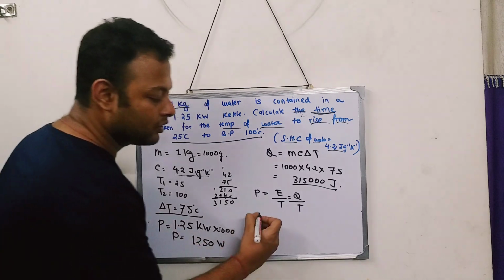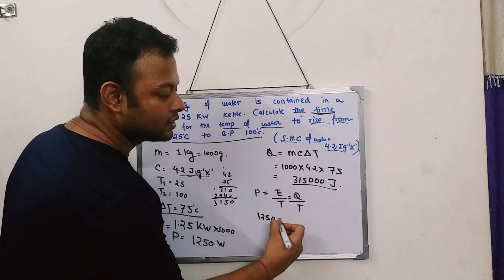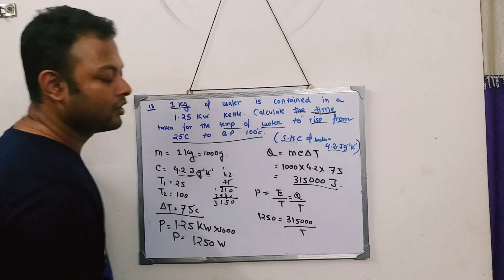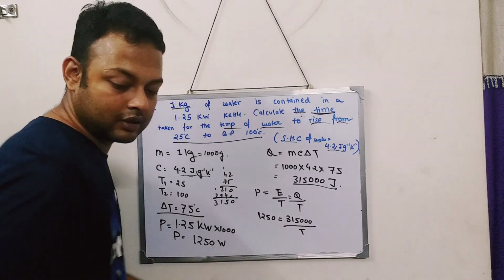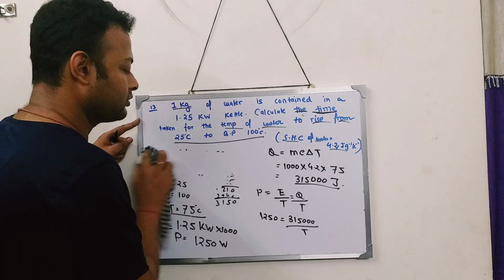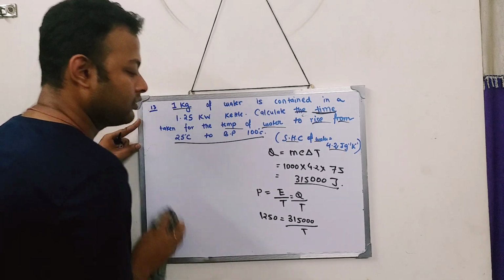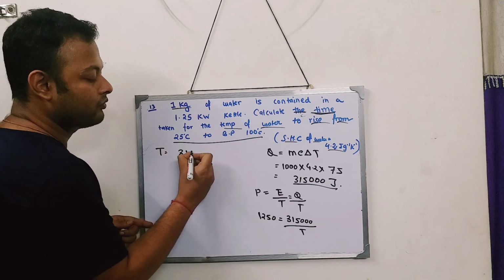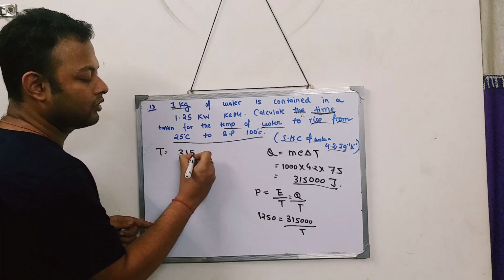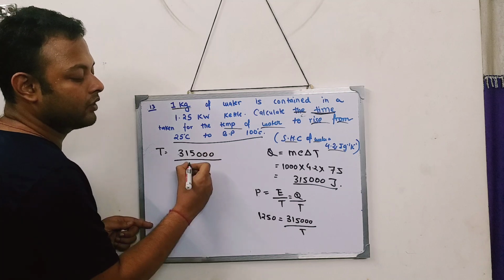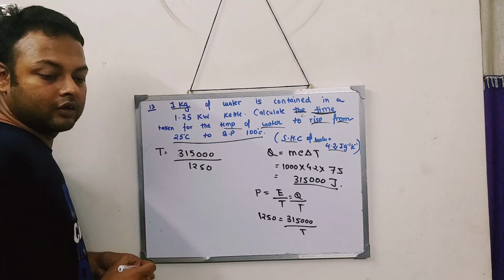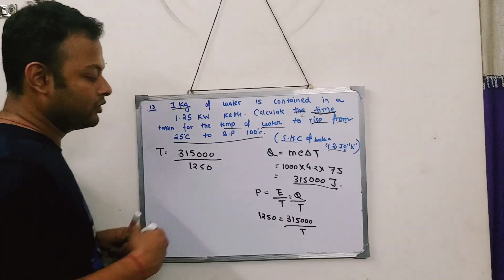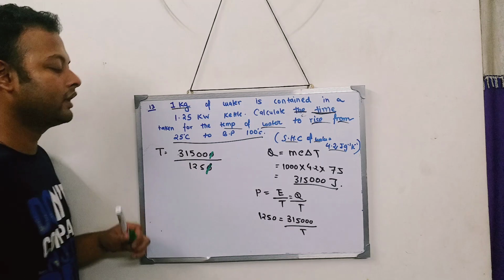So 1250 is equal to 315000 by T. And after this, I have to rearrange this. So time is equal to 315000 divided by 1250. Now it's up to you how to cancel it. If you know cancellation in a better way, you can do it. 0, 0 get cancelled.